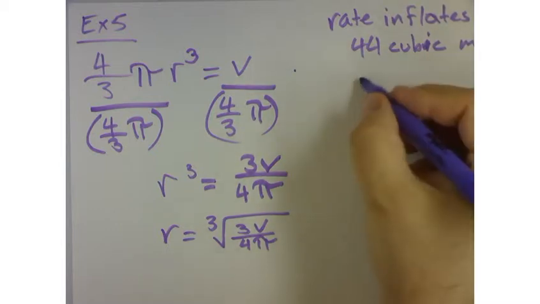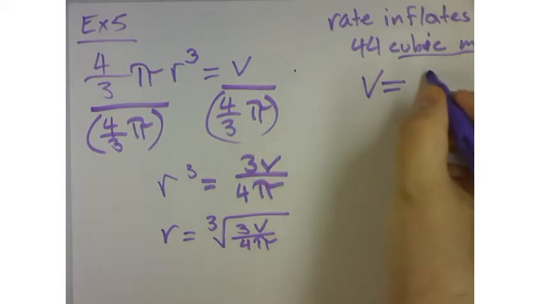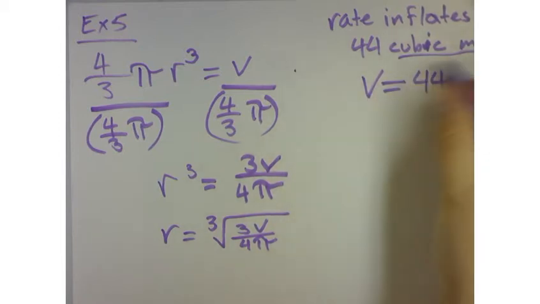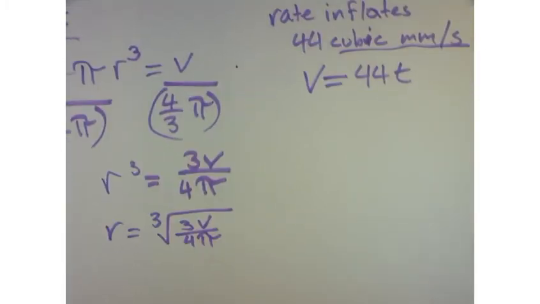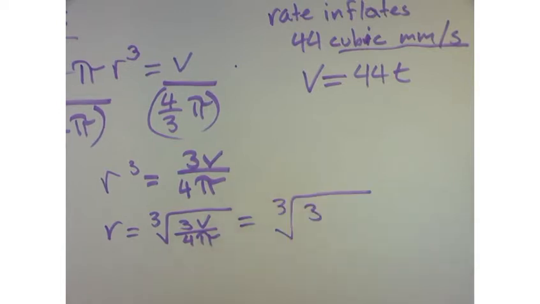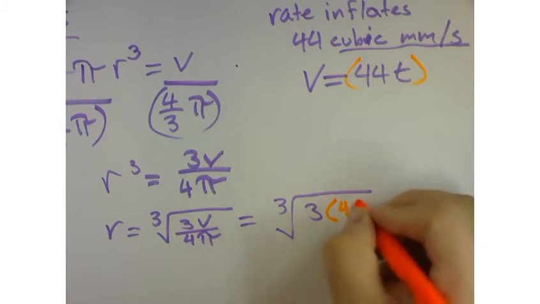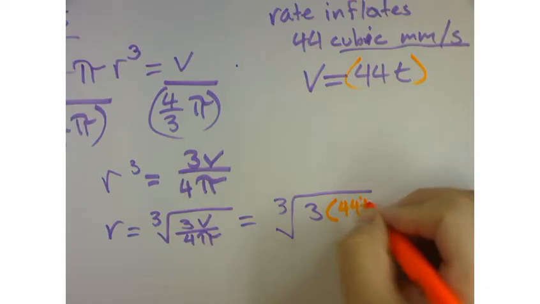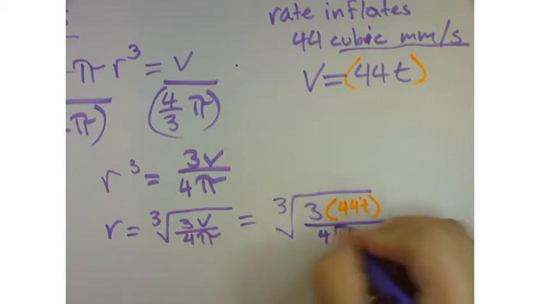Cubic millimeters is a volume. I have a volume of 44 times t, where t represents the number of seconds. So if I were to make a composite function of these, I could say r is the cube root of 3 times my v, which is going to be 44t, all over 4 pi.